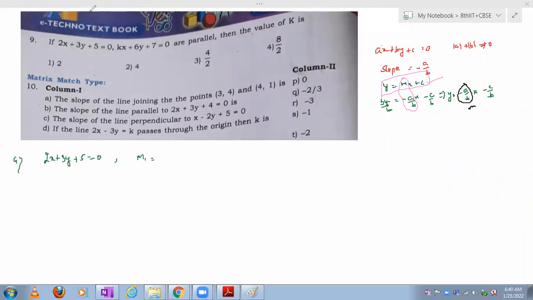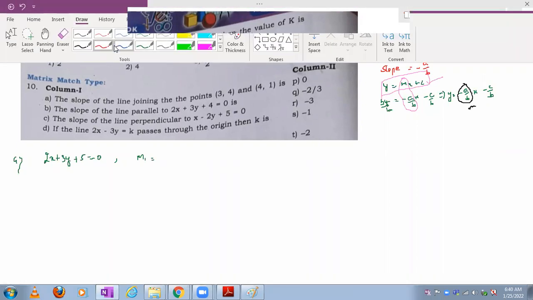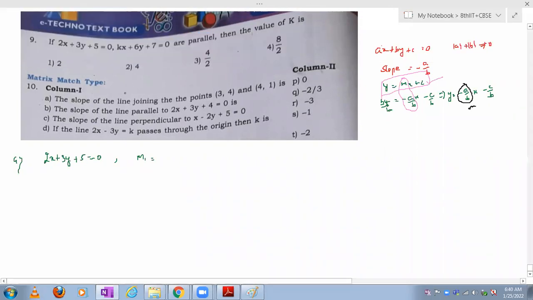Since if two lines are parallel, what will you say about their slopes? If two lines are parallel, their slopes are equal. We have learned this in the theory. So m1 is equal to minus a by b.